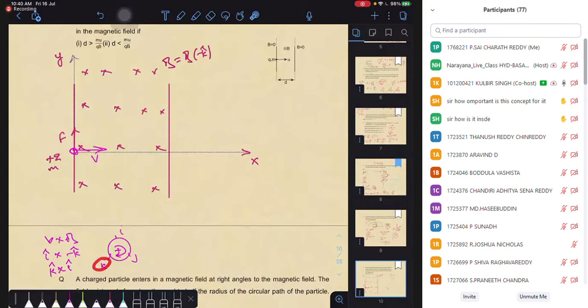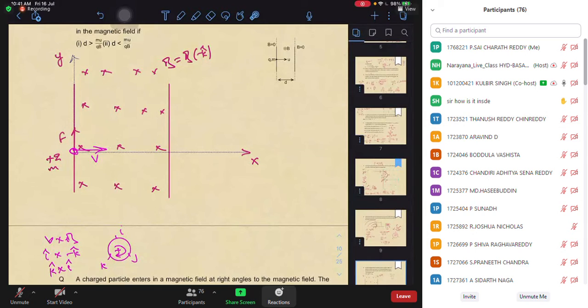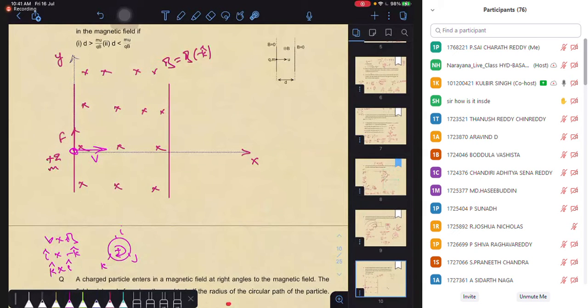So k cross i gives me plus j. In the clockwise direction, you're going positive. So we get the plus j direction. So force is in the plus j direction.